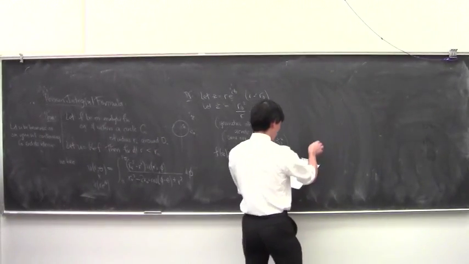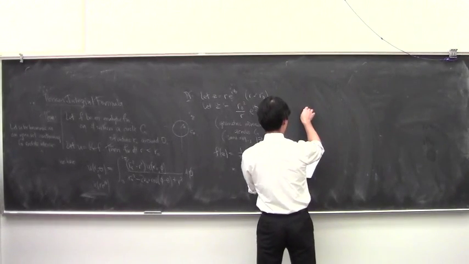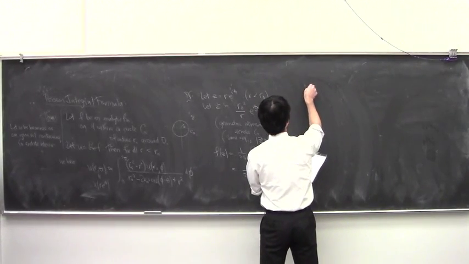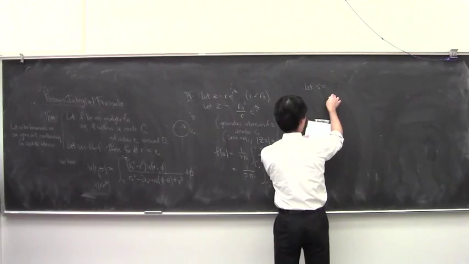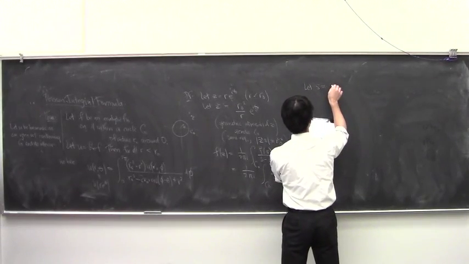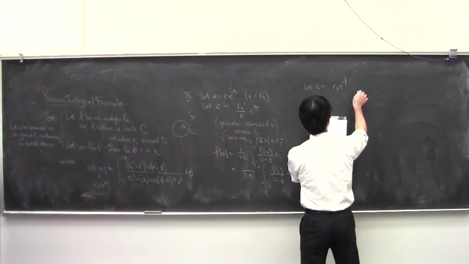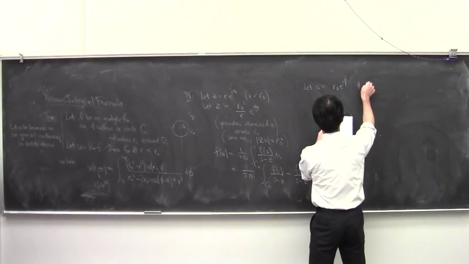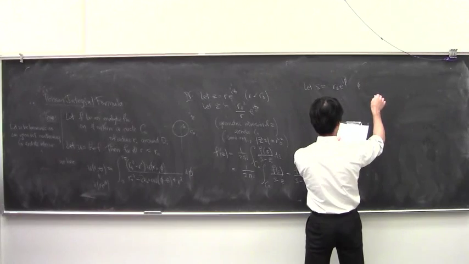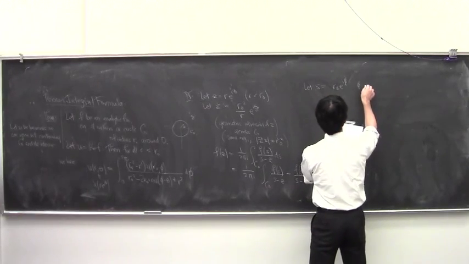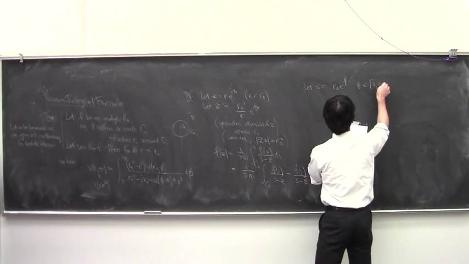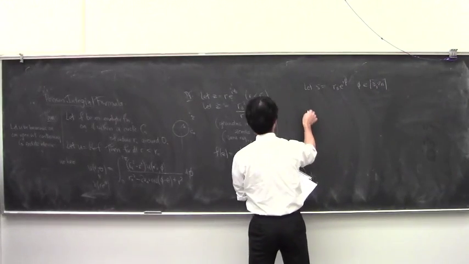Okay, and then let S be parameterized as R naught e to the i phi, where phi goes from 0 to 2 pi.